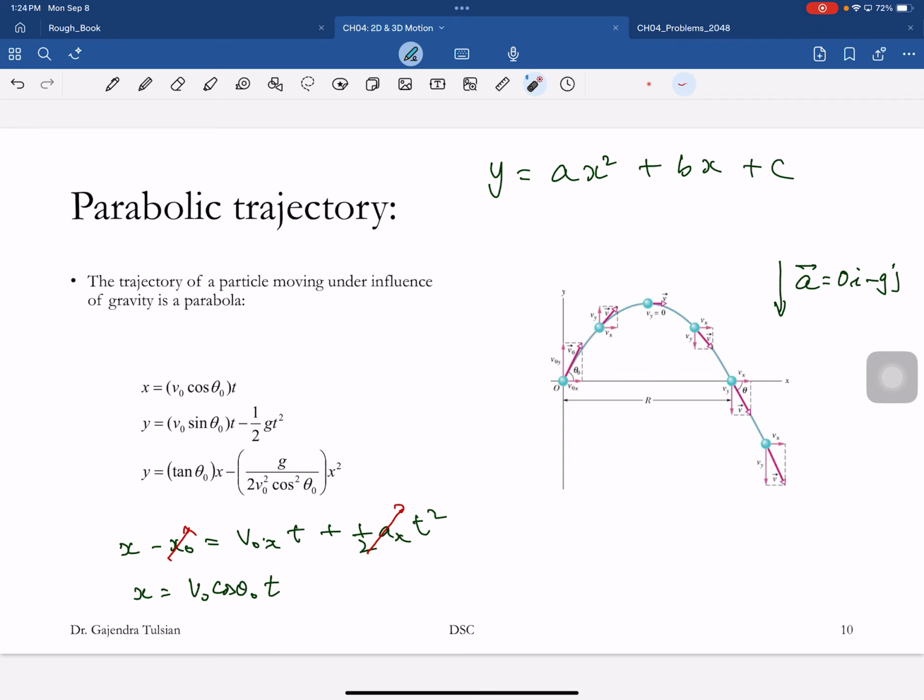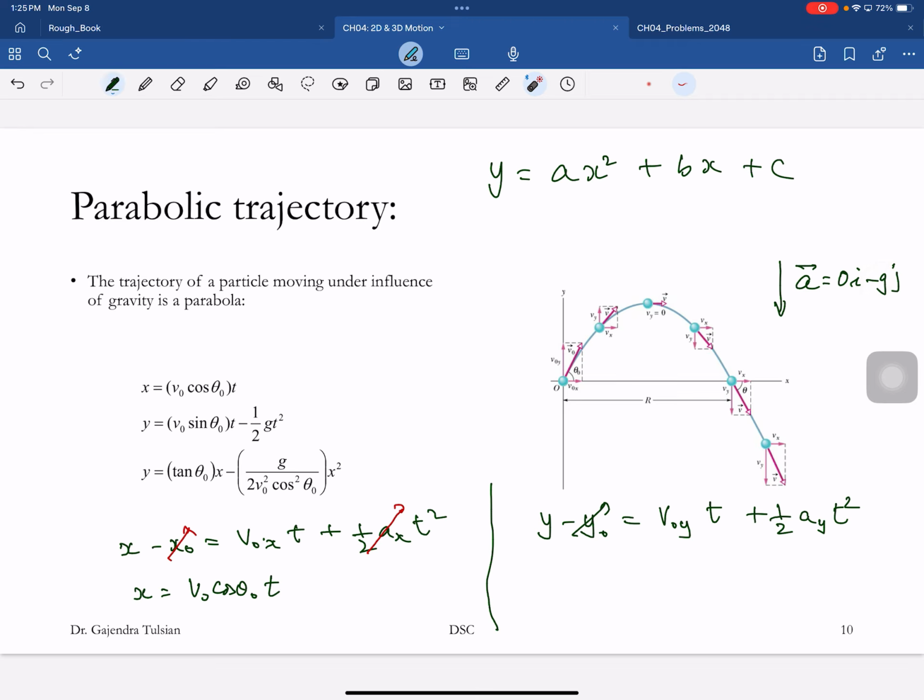Let's look at the y coordinate of the object. y minus y naught equals v naught y t plus 1/2 a y t squared. We've started at the origin, so y naught is 0. This time a y is not 0. a y is that.